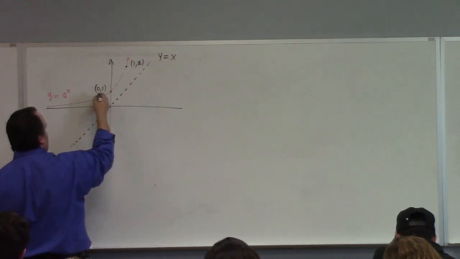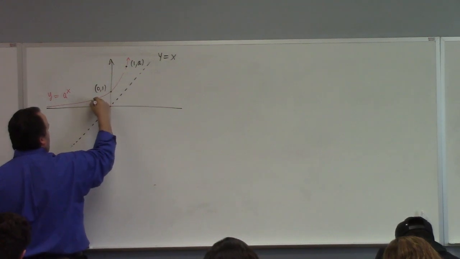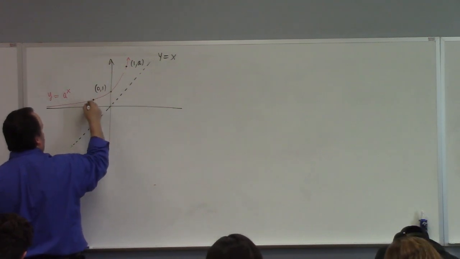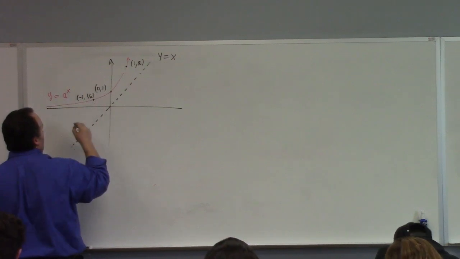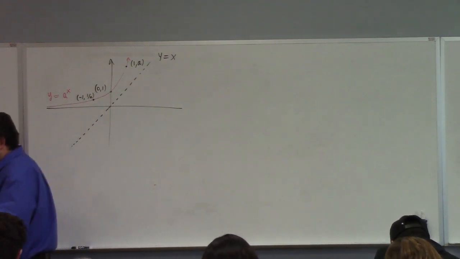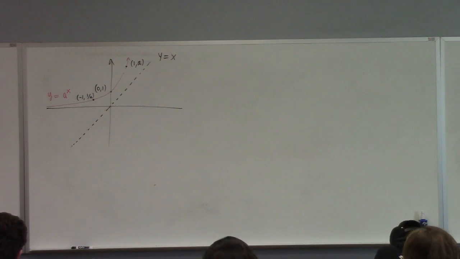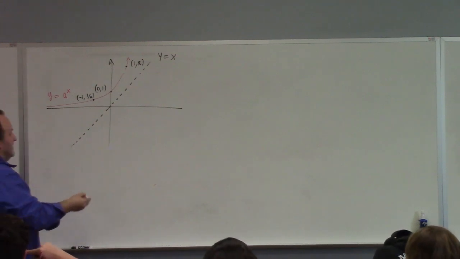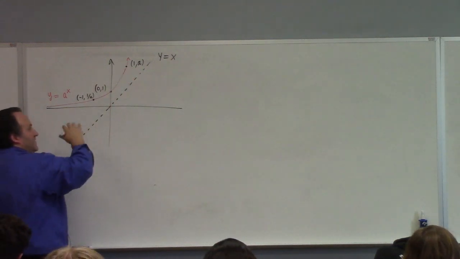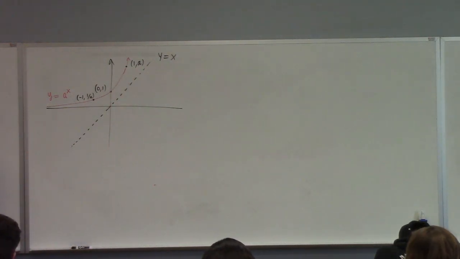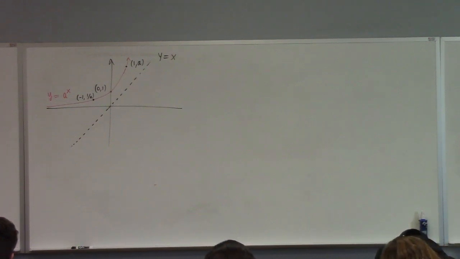And I guess there's another point like here, if I wanted to include that in the story, minus 1, 1 over a. There are 3 points on the graph of the exponential that we can study, to see how they transform into corresponding points on the graph of the inverse function, which we call the logarithm.